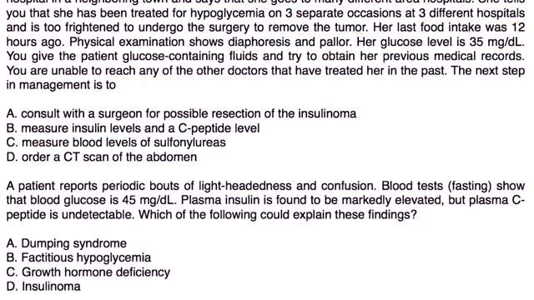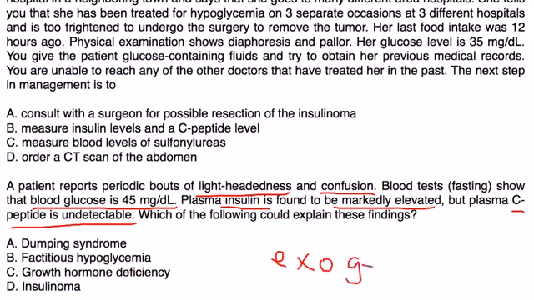Next one. A patient reports periodic bouts of lightheadedness and confusion. Blood tests show blood glucose is 45, so very low. Plasma insulin is found to be markedly elevated, but plasma C-Peptide is undetectable. Which of the following could explain these findings? Well, this is obviously an exogenous form of insulin administration. It doesn't say if the patient is male or female, but the patient's own body is not producing insulin, because if that was the case, the C-peptide level would be very high.